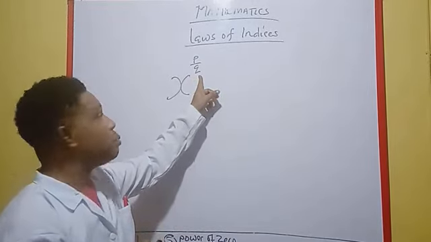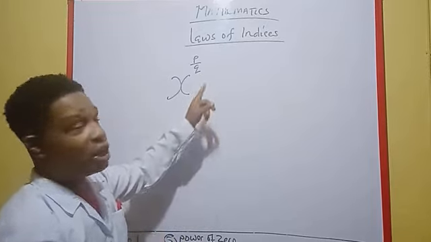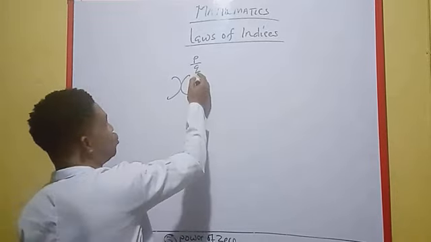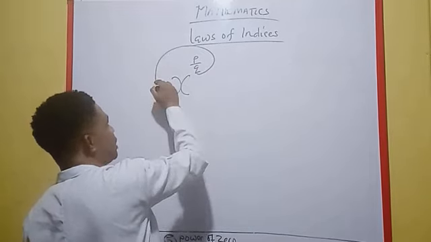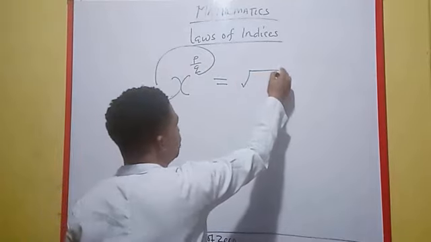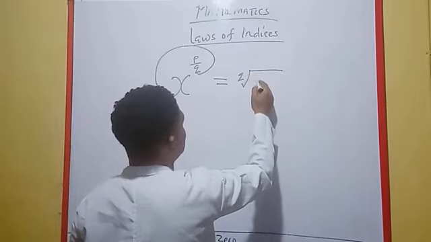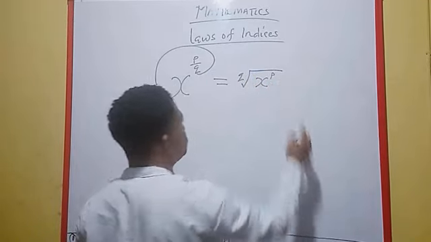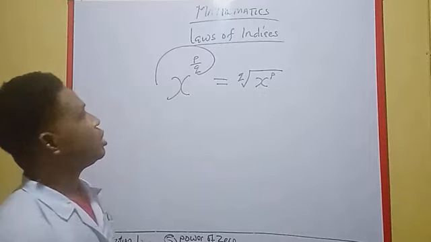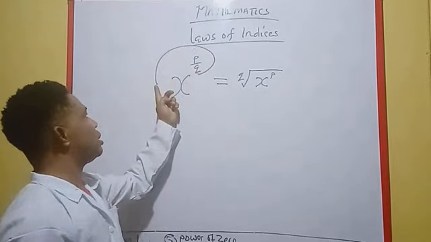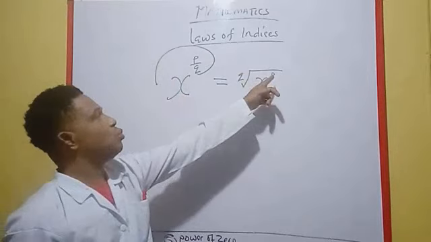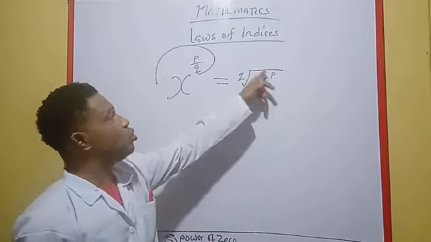Unlike the previous one, the power here is a fraction. Now, for us to express this, q, which is known as the denominator, will somersault to the other side. So you now have the q-th root, then x raised to power what? P. That is it. Of course, this square root means 2.